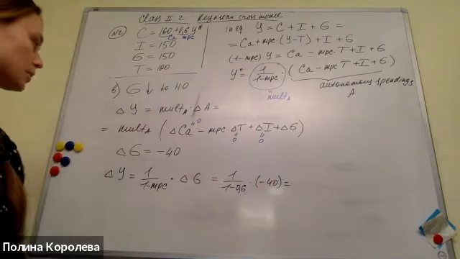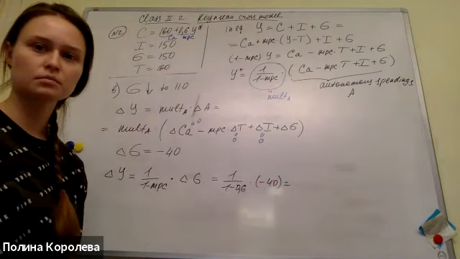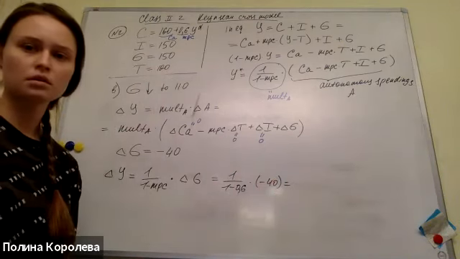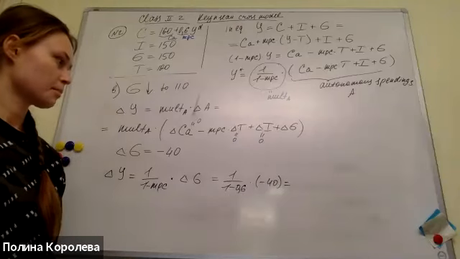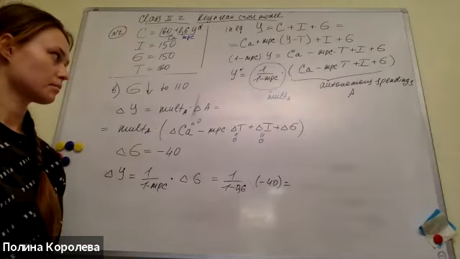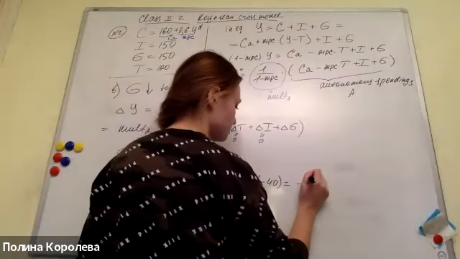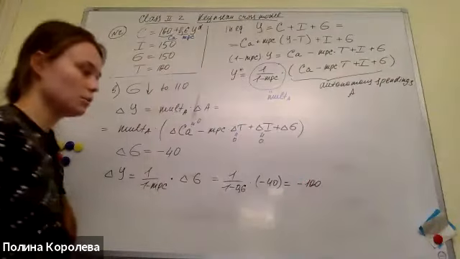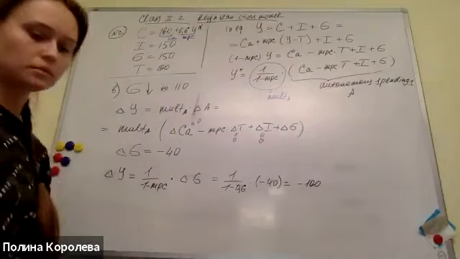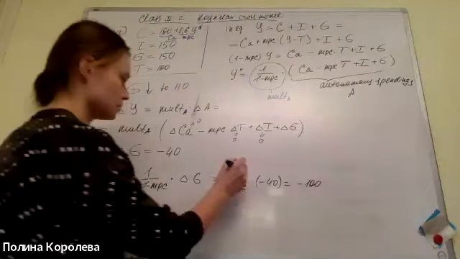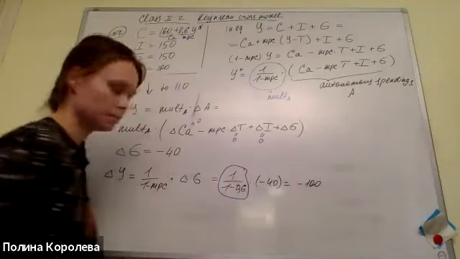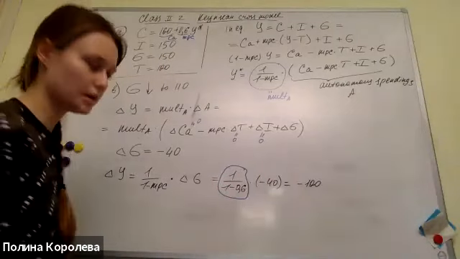Answer, by how much GDP will decrease? Please answer. Minus 100, yes. Our multiplier will be equal to 2.5, yes?